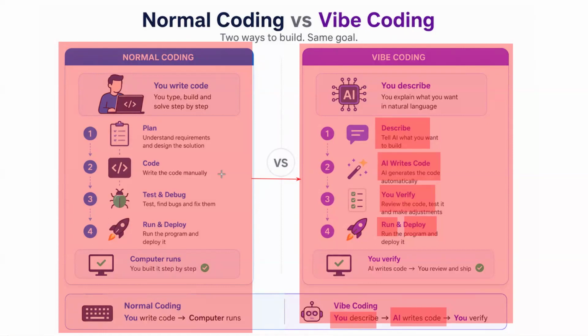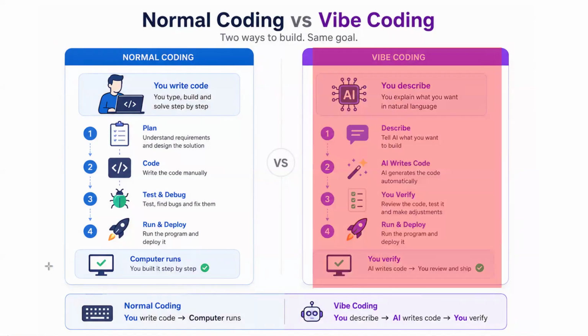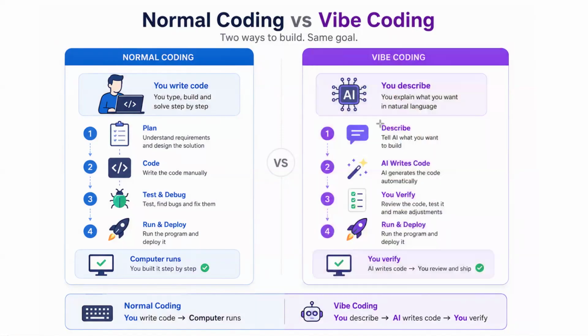So let us experience vibe coding today. Let us do this exercise. What is vibe coding? Let us experience it practically. Vibe coding means we just give a description of what we want, like how you prompt a chatbot such as ChatGPT.